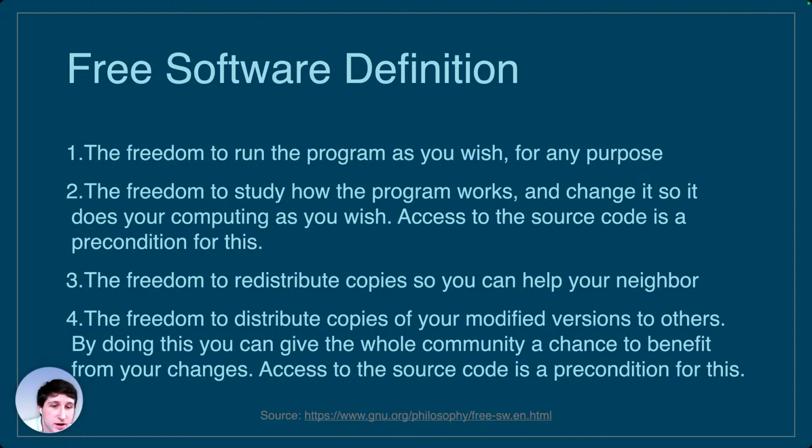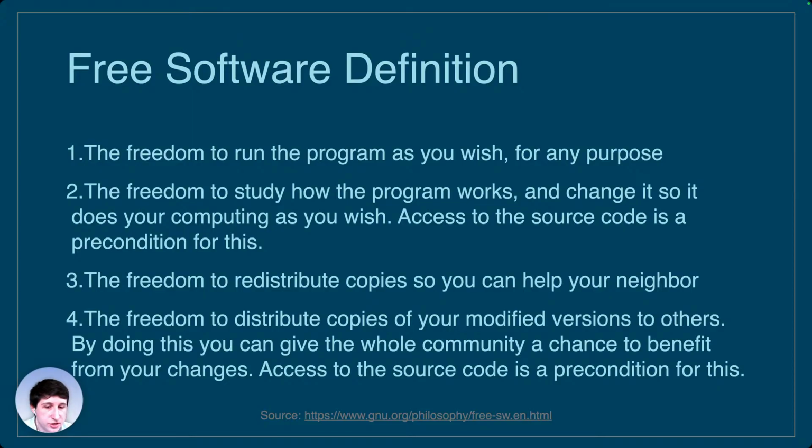The idea here is not only can I give a copy of the original that I received to somebody else, but any changes that I made, I can also give copies of those changes to other people. So if a license follows all four of these freedoms, then it would be considered a free software license.